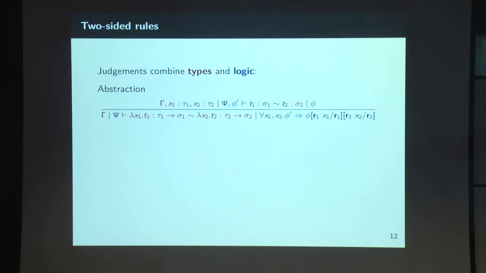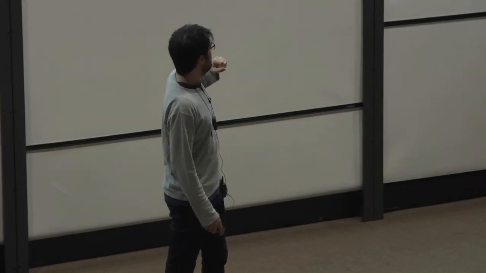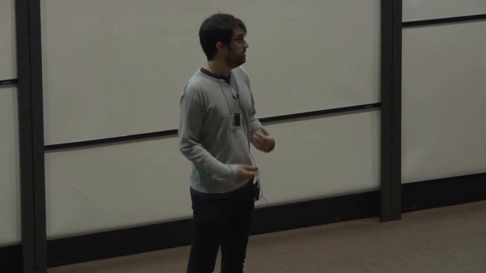I will walk you through this, so you don't have to read the whole thing. First, we have in red two typing judgments. We introduce two lambdas, abstracting over the variables x1 and x2. And at the same time, we have a logical judgment. What this logical judgment is saying is very intuitive.